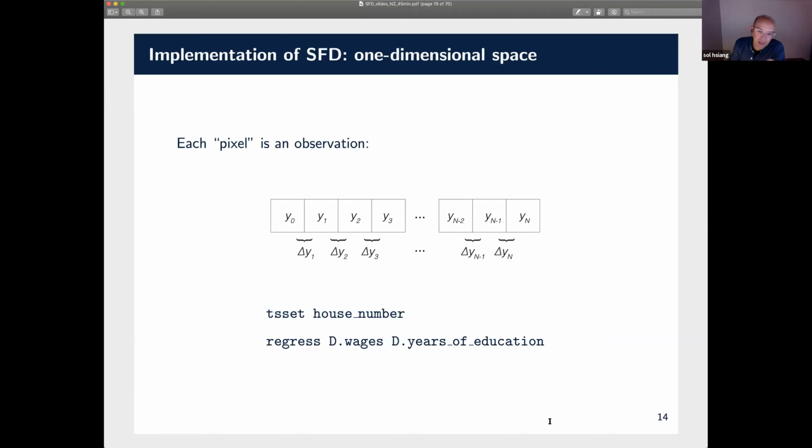I actually wrote down the two Stata commands. I don't know if everyone uses Stata, but you essentially tell Stata that the house number is time, and then you just take differences in house number and run the model. So it's very simple. You can kind of hijack your statistical packages' time series procedures.